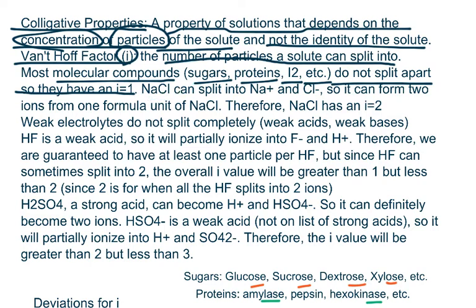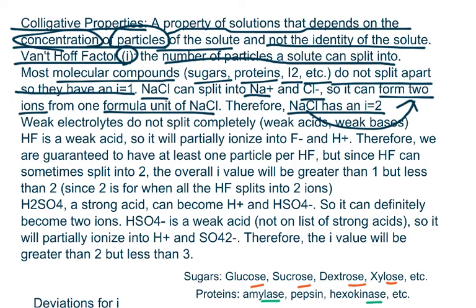Something like sodium chloride, NaCl, splits into Na+ and Cl- upon dissolving in solution. Since one formula unit of NaCl can form two ions, NaCl has an i value of 2.